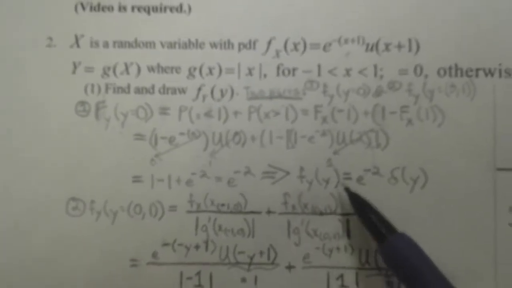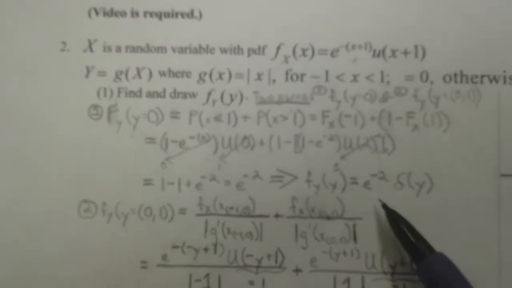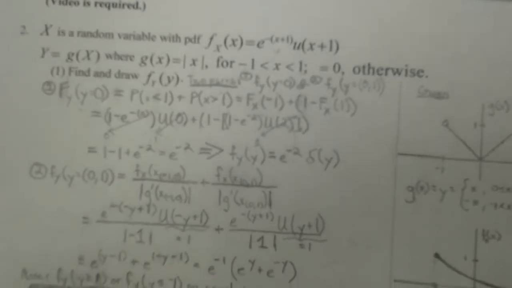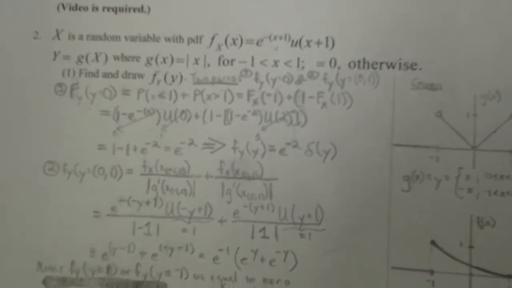The corresponding little f of y at y equals 0 would thus be e to the negative 2 times the Dirac at y, or the delta function. So that's our value specifically of little f of y where y is equal to 0. Now how about the rest of the function, where basically little f of y is between 0 and 1?